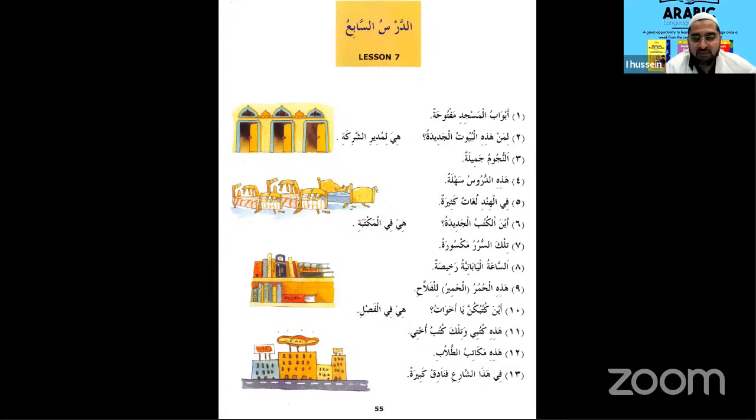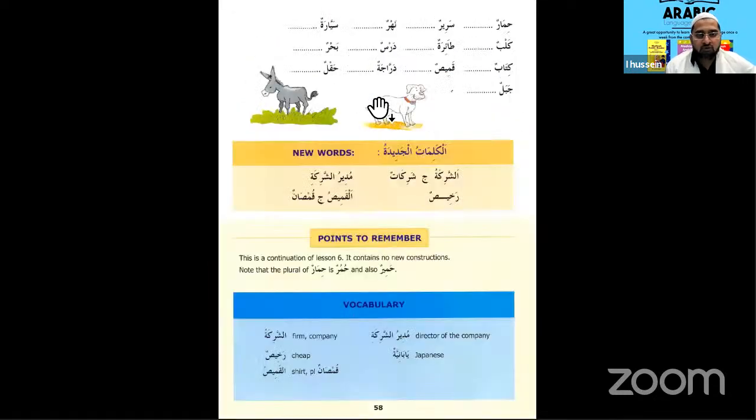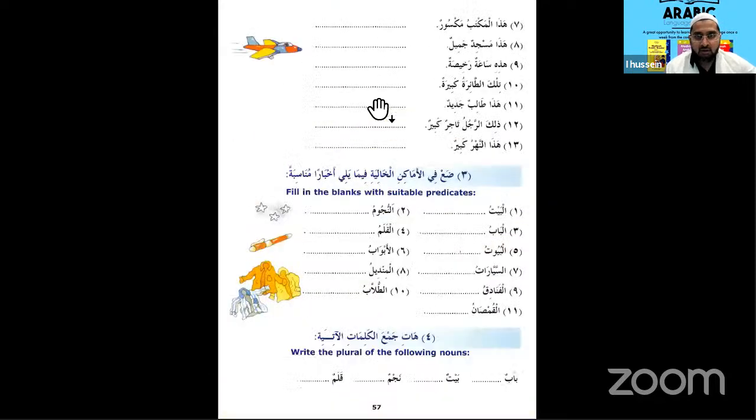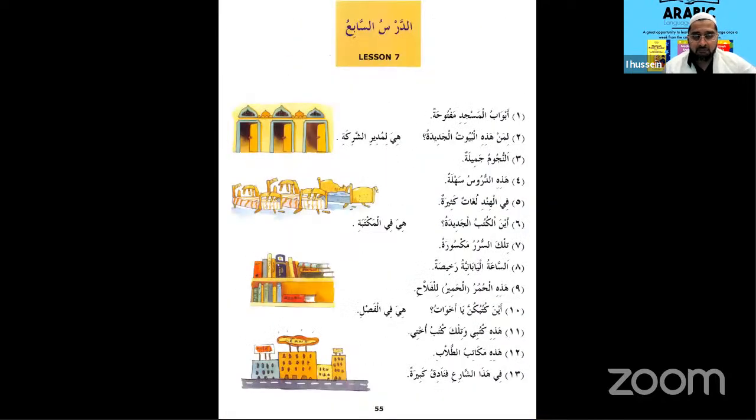So abwab al-masjidi maftuhatun. Before I start the lesson, I'm going to go to the points to remember. Well, there's nothing much. I'll just explain it then. Bismillahir Rahmanir Rahim. Abwab al-masjidi maftuhatun. So the masjid doors, or the mosque doors, are open.